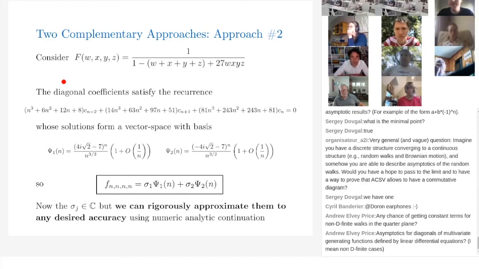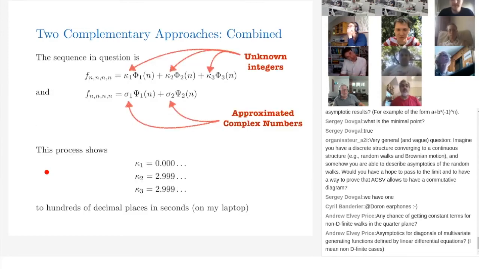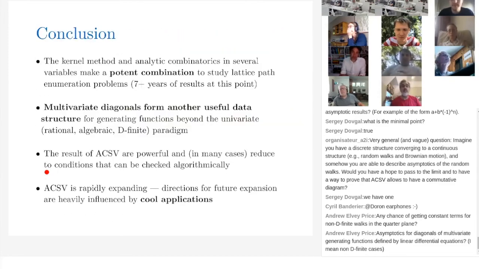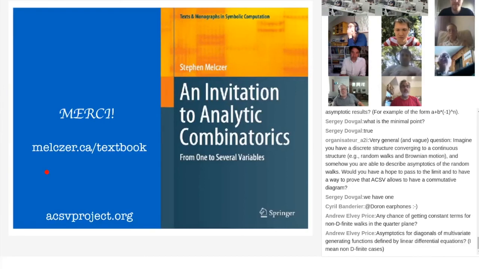Go ahead. Thanks. Yeah, so I wrote the questions in the chat, but maybe I can clarify. The first question was just, since you got constant terms for the definite cases of walks in the quarter plane, is there any chance you could get constants for more general cases?